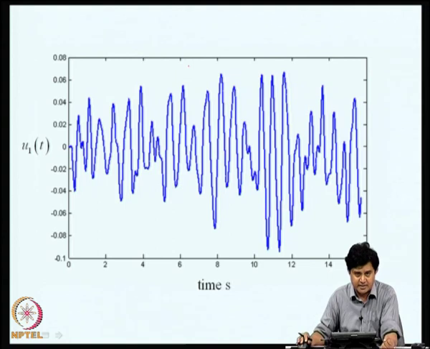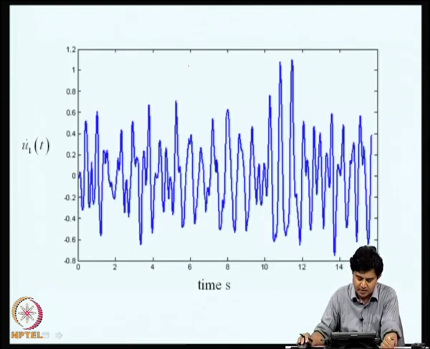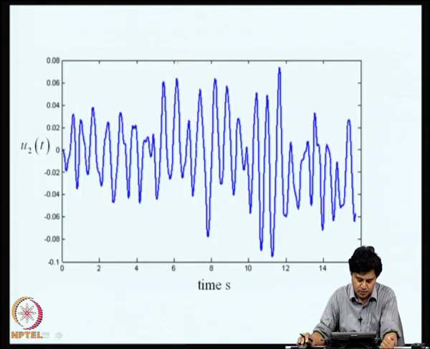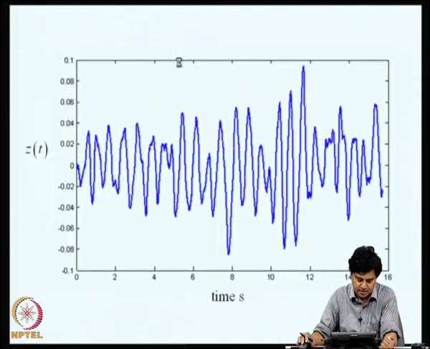I show some trajectories, which are random samples of random processes. When you implement this solution, you will not exactly get this because of the variations in sampling. So, this approximately provides you an idea of how these samples look. This is u1, u1 dot, u2, u2 dot, and this is the internal variable z of t.